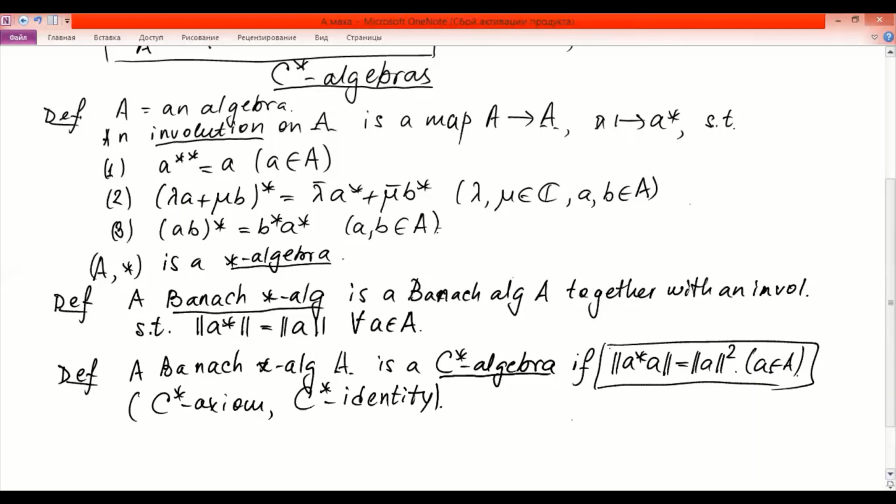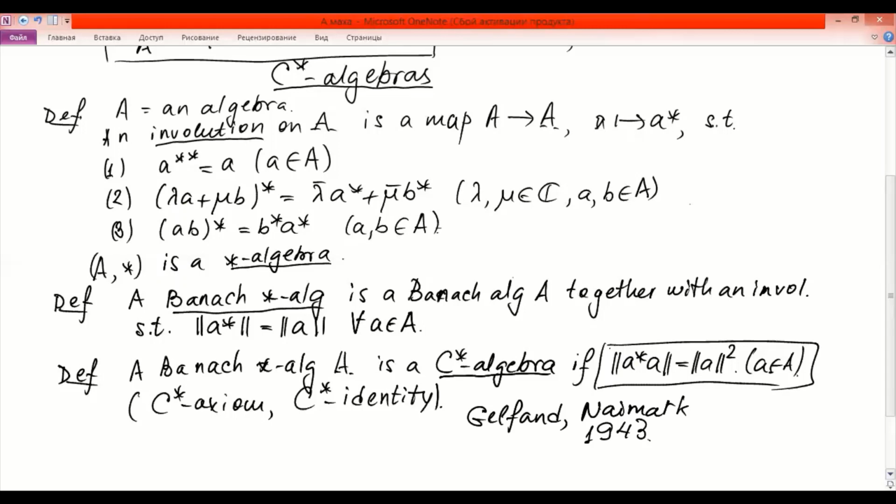C-star algebras were introduced, well, maybe let me say a few words about the history of this notion. So C-star algebras were introduced in a foundational paper of Gelfand and Naimark in 1943. Well, they used different terminology. They called such algebras completely regular symmetric normed rings.